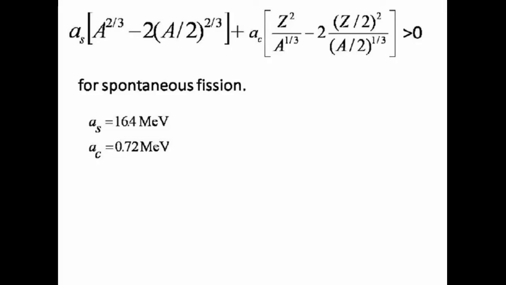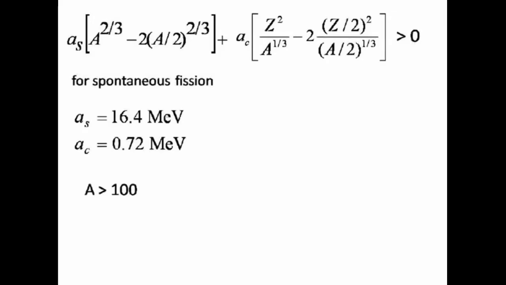You can just put Z and A in this equation and work out whether this Q value is positive or negative. And it turns out from this that if A is greater than around 100, it is energetically possible. So, anything with A value greater than 100 should fission and reduce its energy.